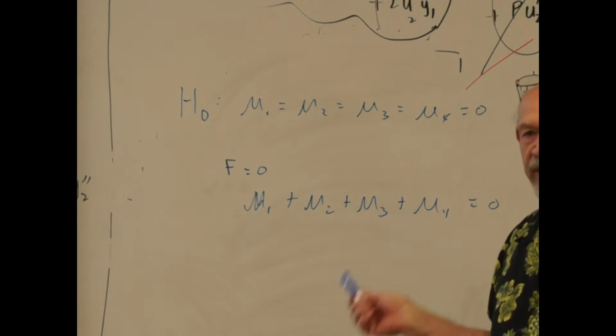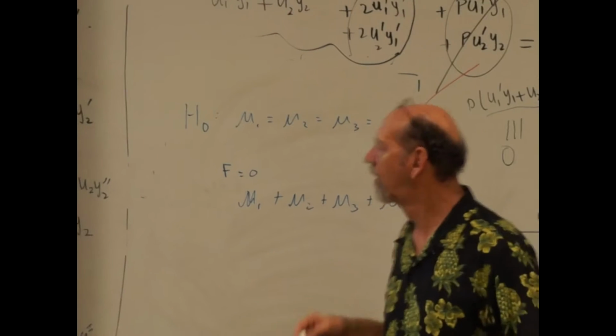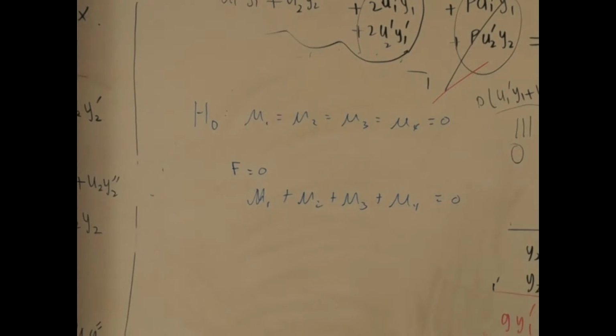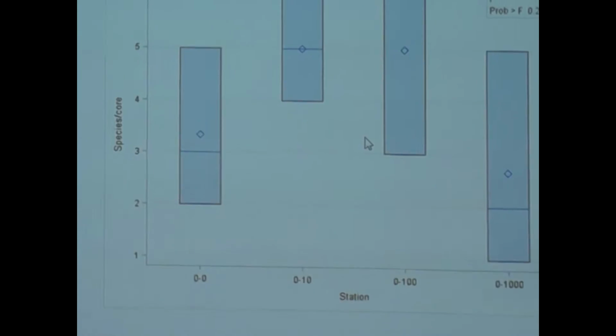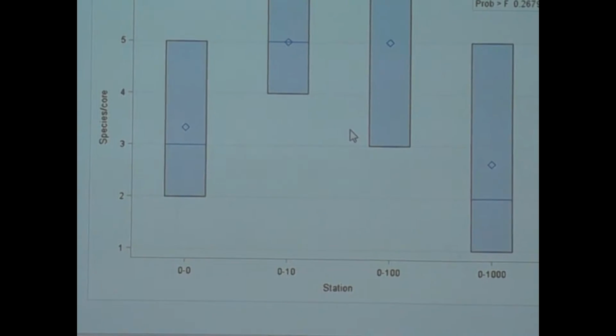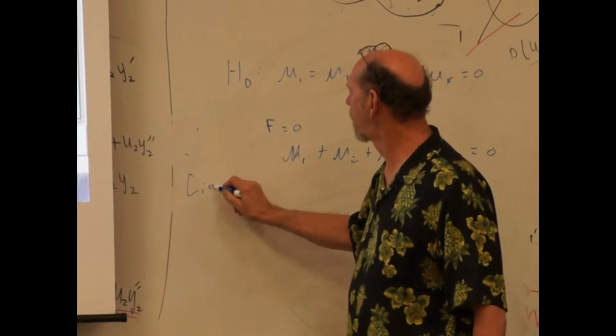So how can we use this trick to test whether number 4 is completely different from the other 3? Well, it's a piece of cake. What we do is create what's called a linear contrast.